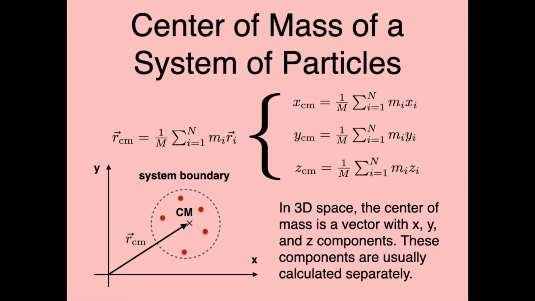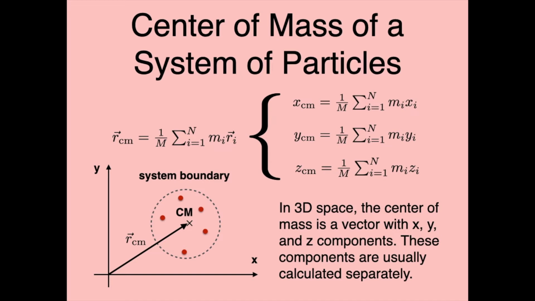Now, any position vector can be broken up into components, right? There's an X position for the center of mass, there's a Y position for the center of mass, potentially a Z position if we're in 3-dimensional space. So we take this vector equation that we've come up with to calculate the center of mass, and we just break it into those 3 pieces. So for example, if I want to know the X position of the center of mass, I'm simply taking 1 divided by the total mass, 1 over big M, times the sum of mi xi.